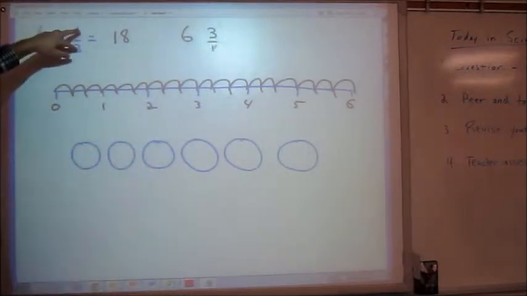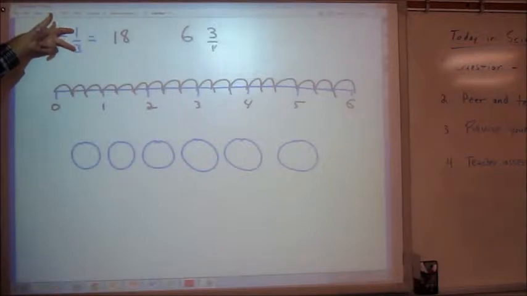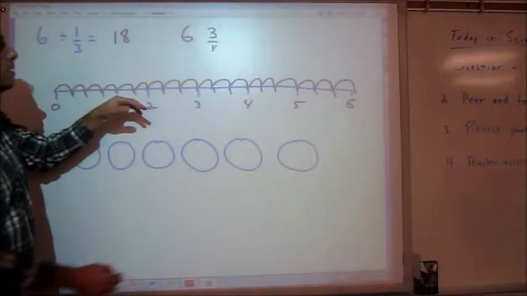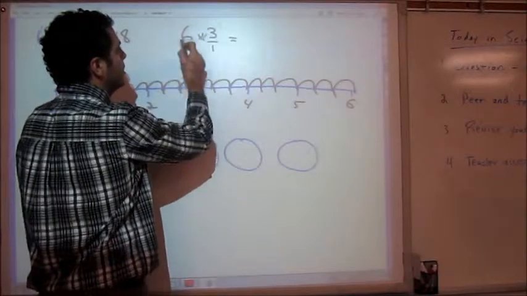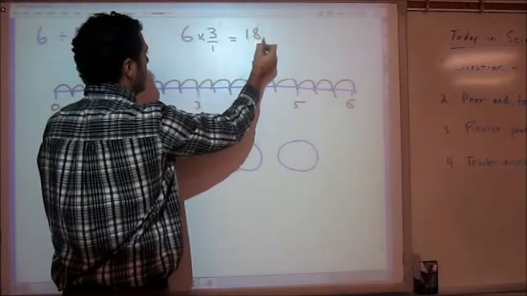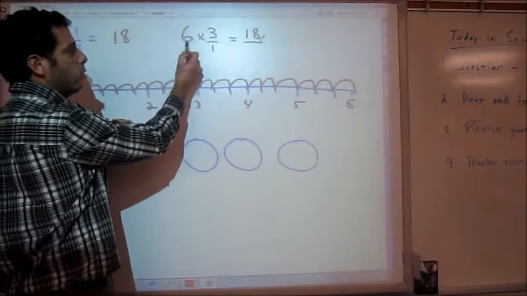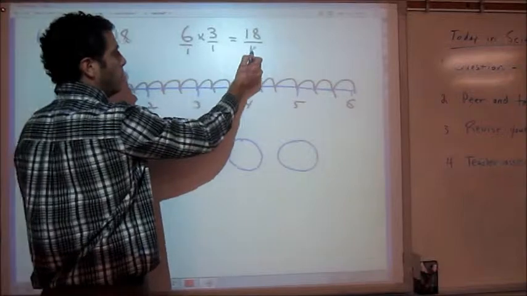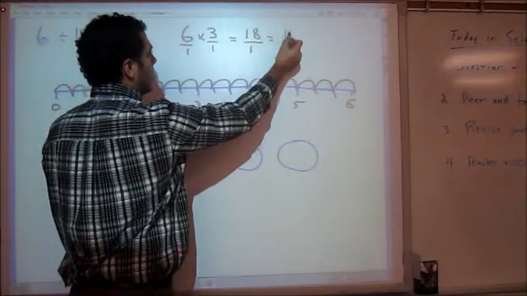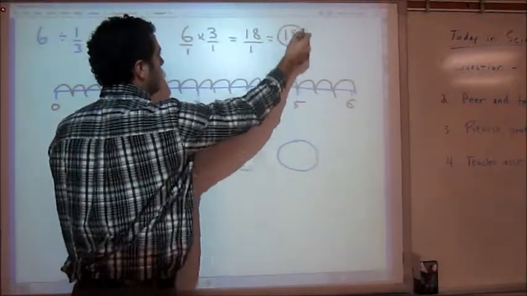In other words, you just flip those two values, and then you can just multiply straight across. 6 times 3 is 18. Remember that when we have a whole number, it's actually over 1. 1 times 1 is 1. And our answer is 18.